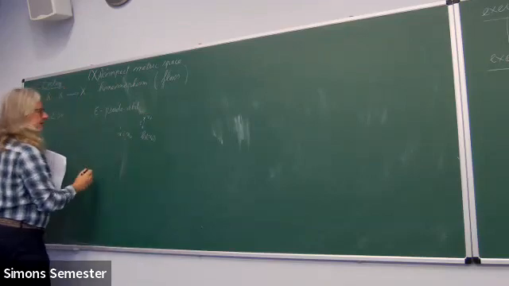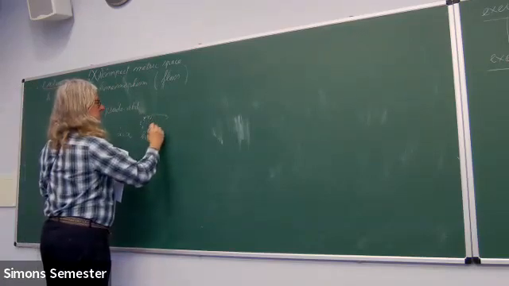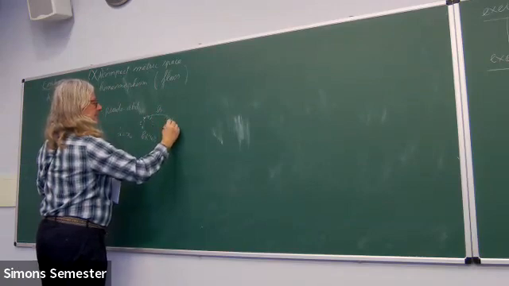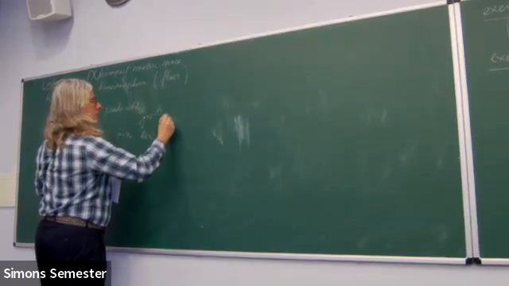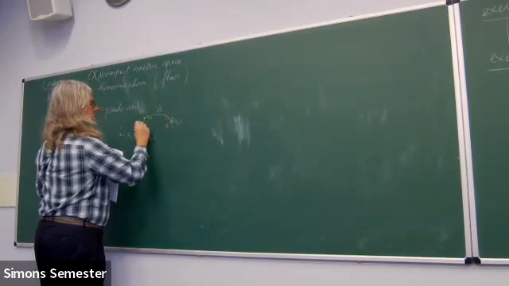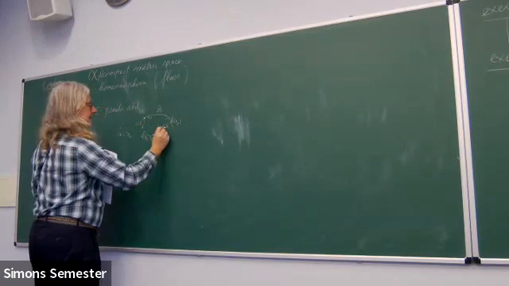Then you continue by h, you get h of x1, and you allow a jump of less than epsilon.